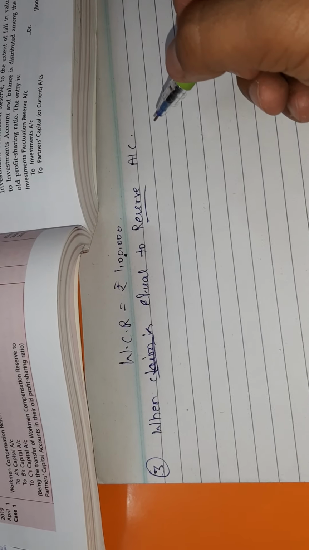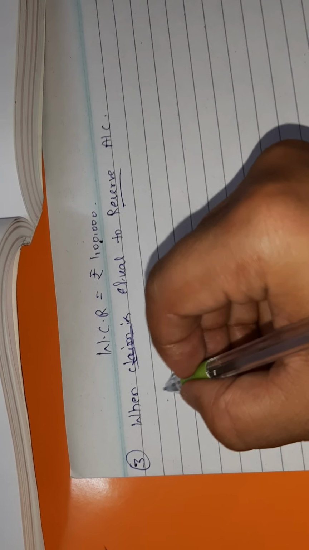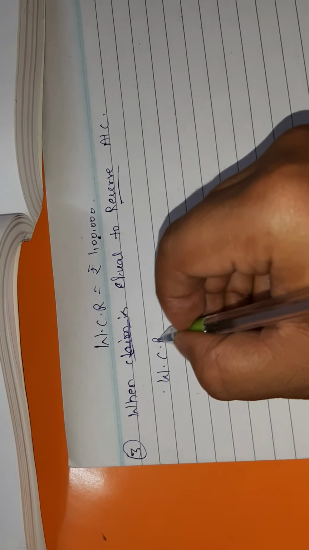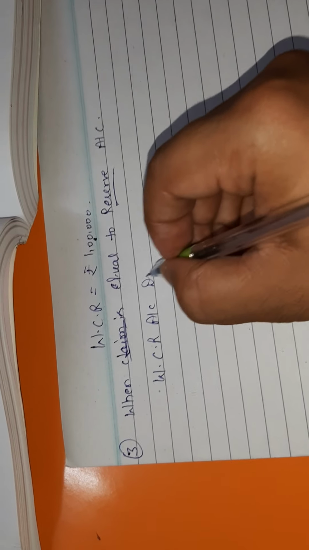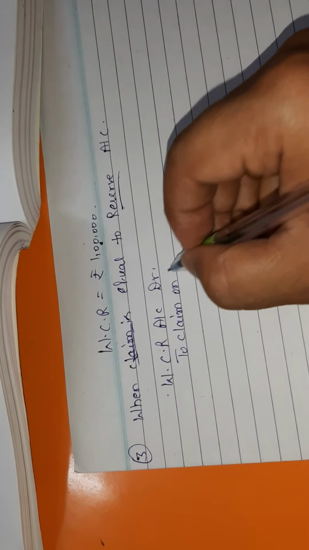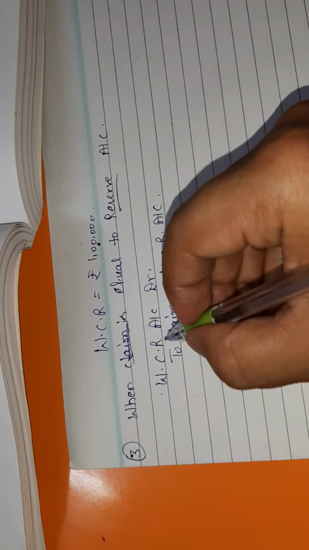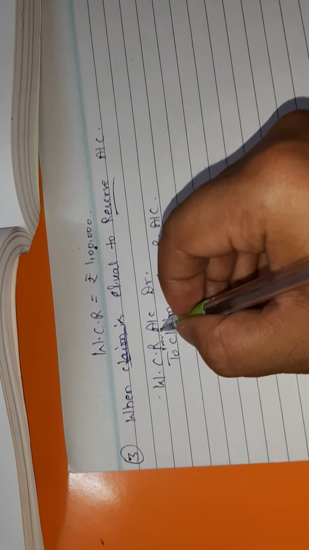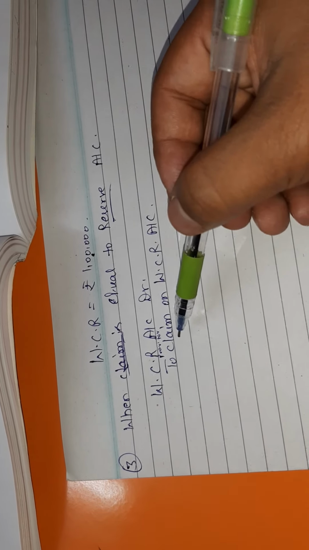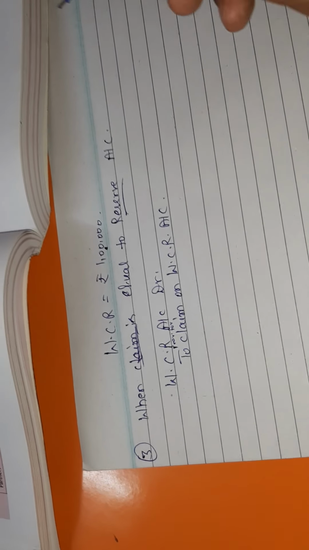So what entry do we have to pass in this case? The entry will be workman compensation reserve account debit to claim on workman compensation reserve account, or you can write provision for claim also. Wherever we have mentioned claim, you can write provision for claim on workman compensation reserve account.